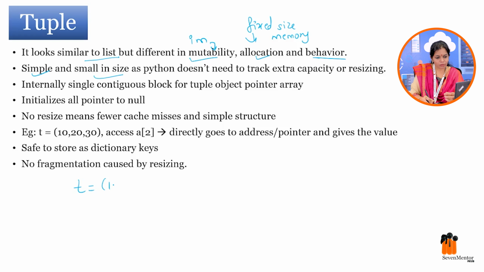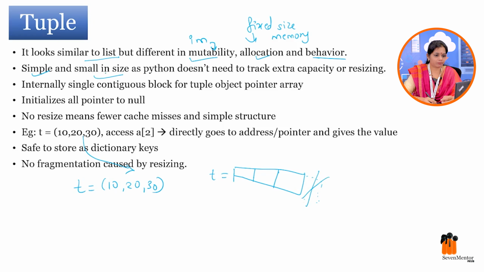Suppose we have an example, t is equal to 10, 20, 30. It will be allocating only 3 memory slots, it won't go for a 4th. This is fixed, the operating system will not increase the memory here.